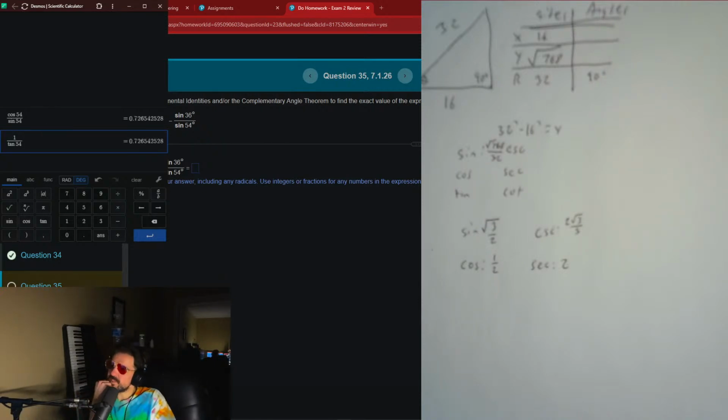So we have cosine 54 over sine 54. So what we have here is cosine 54 minus cosine 36 minus sine 36, which is 0.